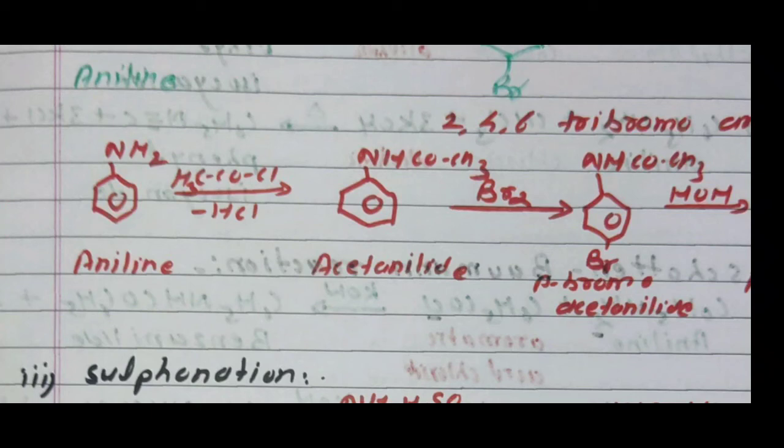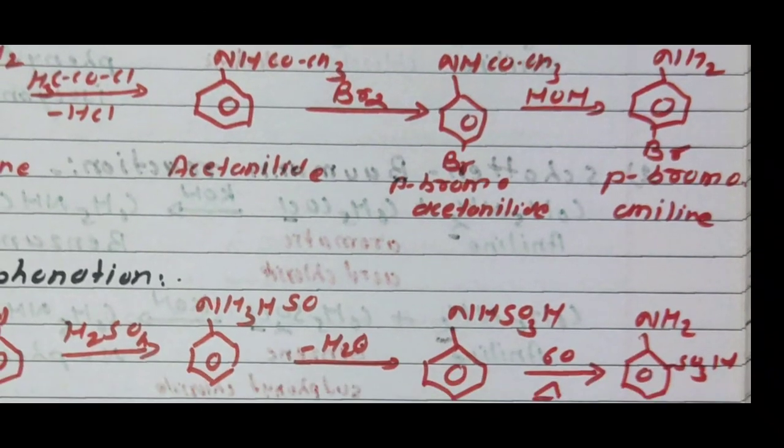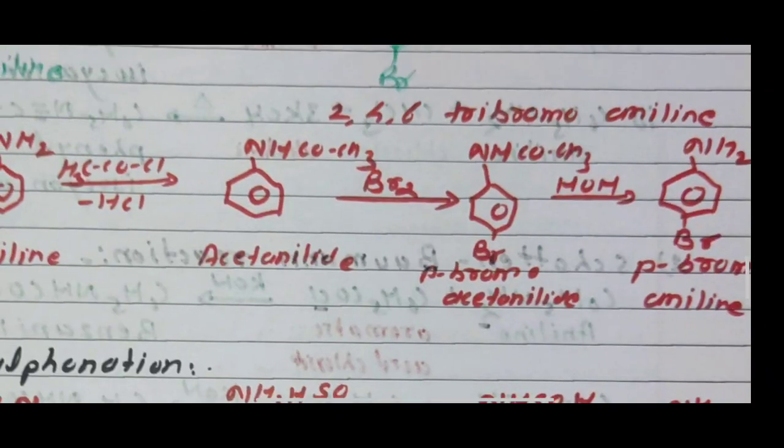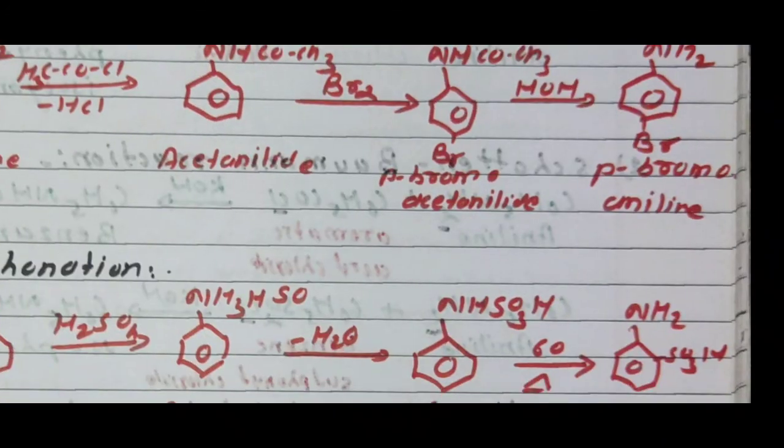Here the Br atom attaches at the para position, forming para-bromoacetanilide. Then para-bromoacetanilide undergoes hydrolysis. The NHCOCH3 group is converted to NH2 and the COCH3 group is released as CH3COOH, forming para-bromoaniline.